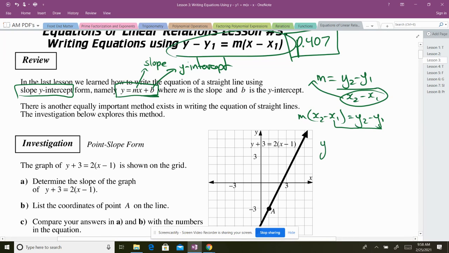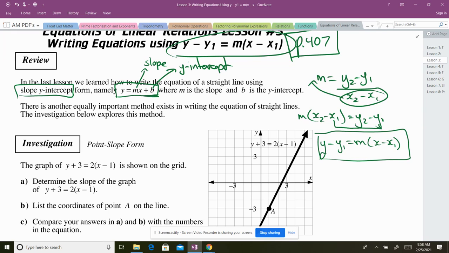So it becomes, I'm just going to flip it around, y minus y1 is equal to m times (x minus x1). This is another equation of a straight line. How do you know it's the equation of a straight line? How do we know if something is linear? What did you both say? The highest exponent is 1, right?